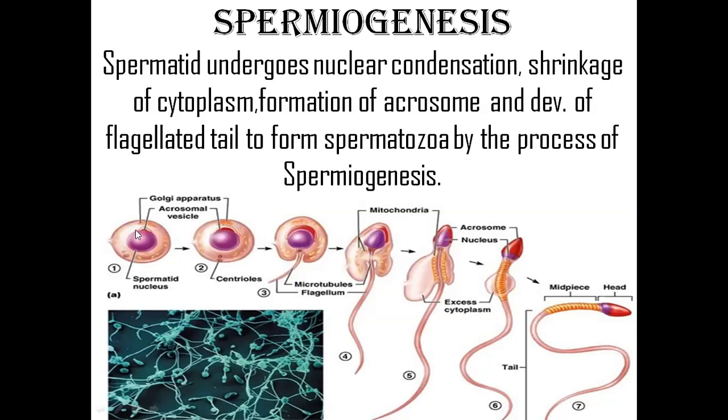First we see that the Golgi apparatus appears at one end or one pole of the nucleus, and from here they release the acrosomal vesicles. These acrosomal vesicles are rich in enzymes like the proteolytic enzyme acrosin, hyaluronidase and neuraminidase, which collect at one end of the nucleus, and ultimately they form the acrosomal cap.